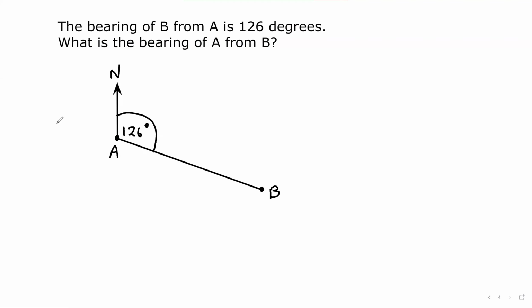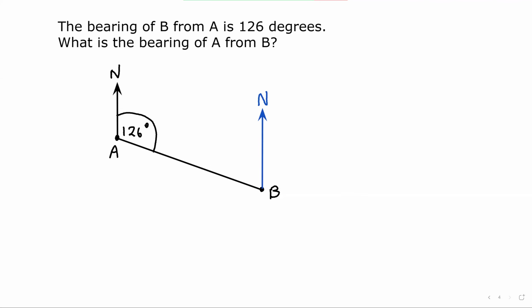All right, because the bearing of B from A is that clockwise angle between the north line at A and that line AB. So this is my bearing, right? Now, if I want to find out what is the bearing of A from B instead, well, if it's from B, I need to put a north line at B. So my north line will go here at B. And there are two angles here.